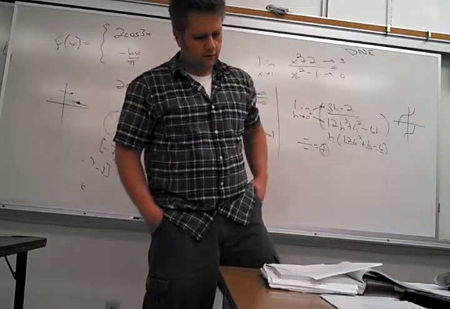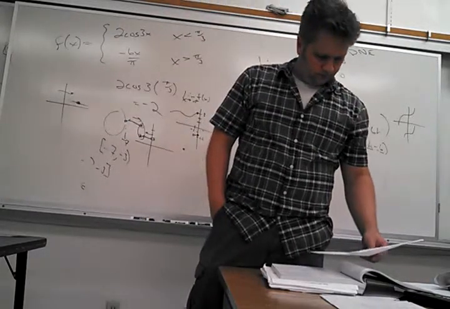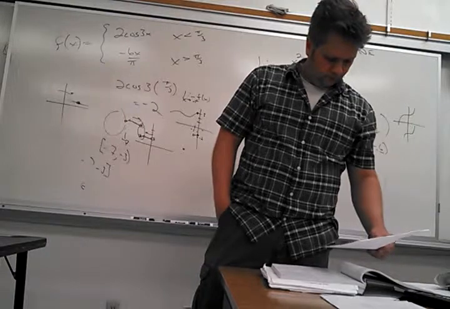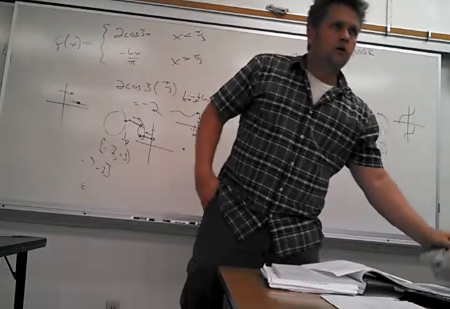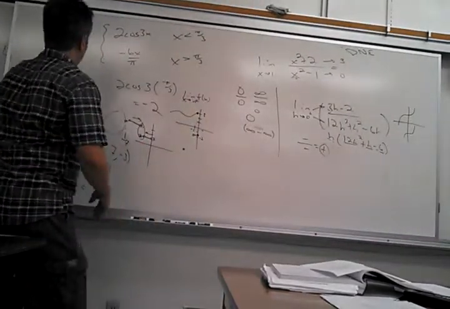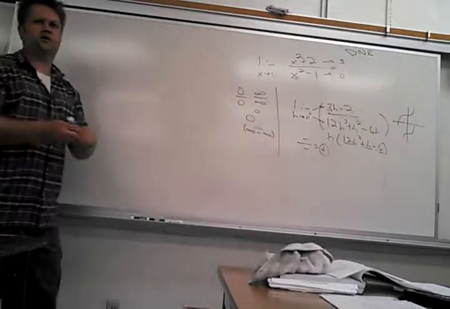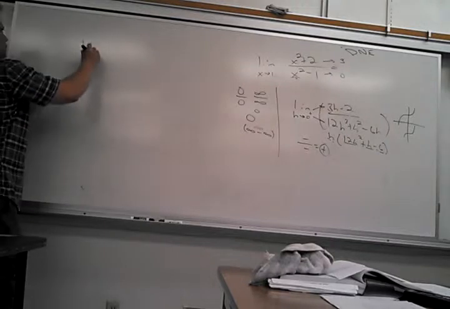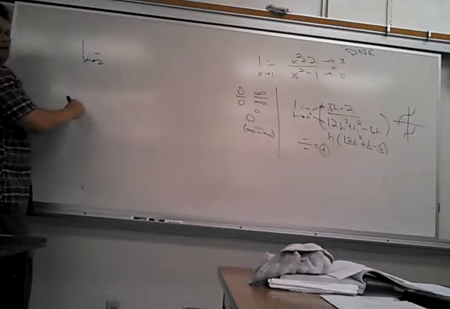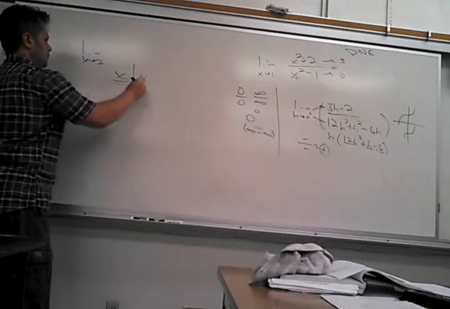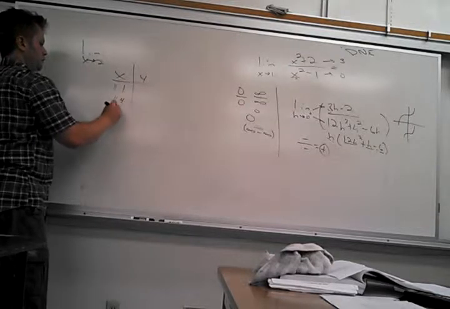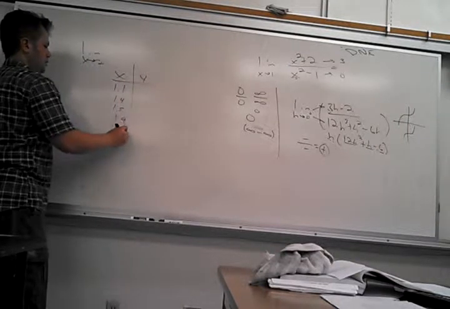You already went over this one, but I was confused on it. It's number 12. How would you make the table again? I know you used 0.1 or 0.01. Back when we were talking about the limit as x goes to 2, we would make a table like this: 1.1, 1.4, 1.5, 1.9, 1.99, right?